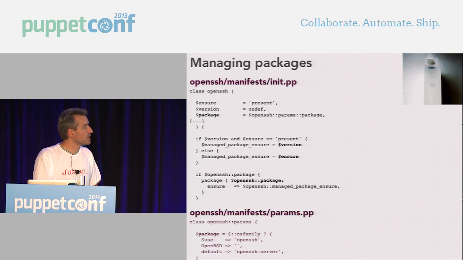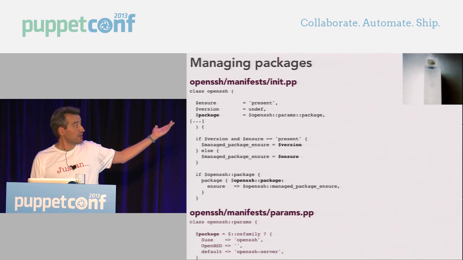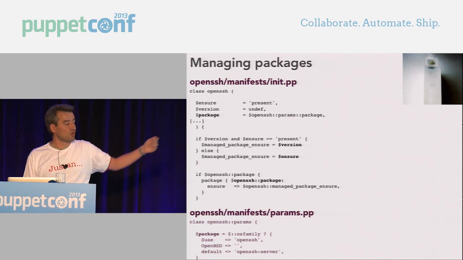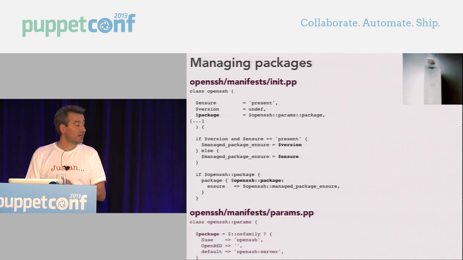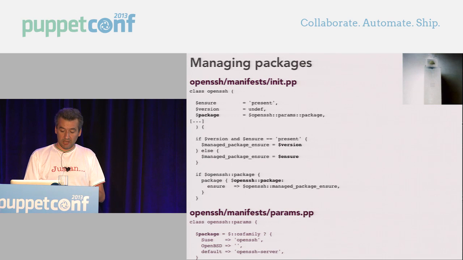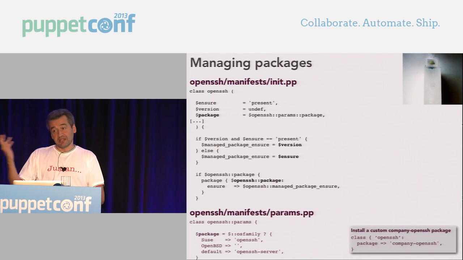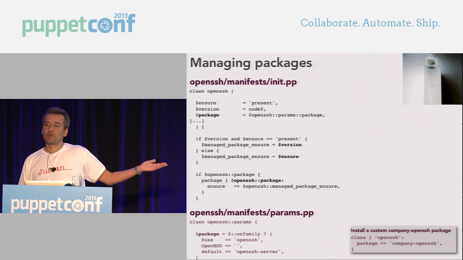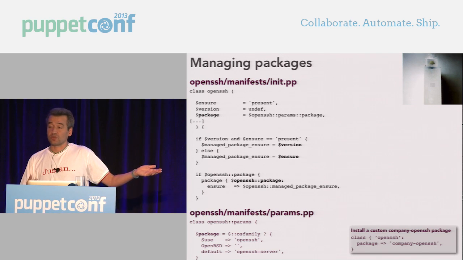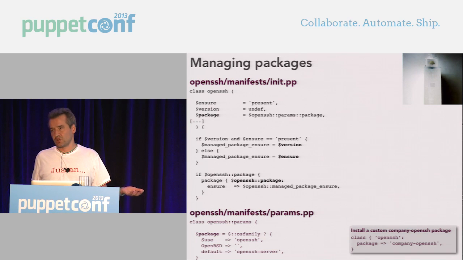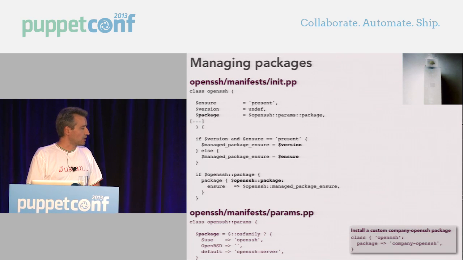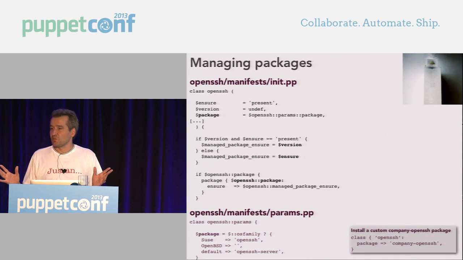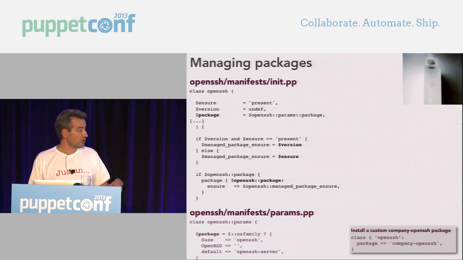So, for example, you may have simple parameters that let you set the name of the package to install and leave to the users the possibility to install, for example, an OpenSSH package using a customized package with a different name and still using the OpenSSH module. So this will be an example.